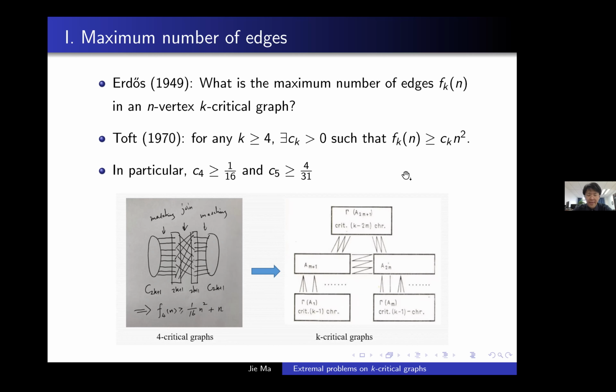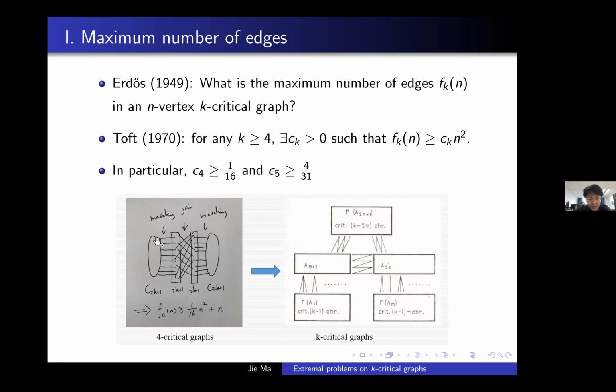So let's look at the construction of Toft. Here k is 4, and we partition the vertex set into 4 parts. Here you see an odd cycle C_{2k+1}. Then we have an independent set, a second independent set, and then another odd cycle C_{2k+1}.